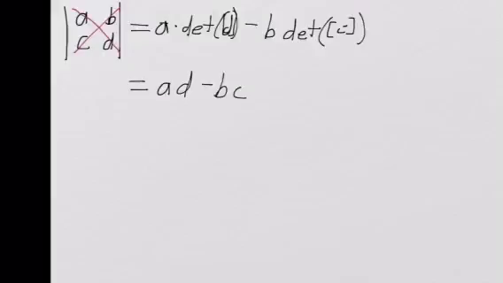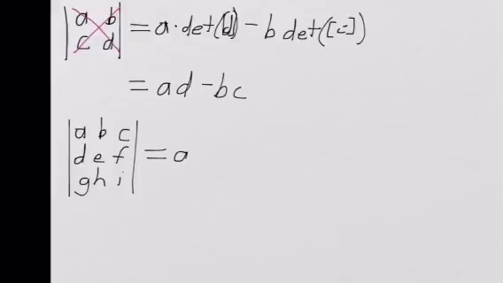Now a 3x3 is where it gets a little bit more interesting, and we're going to use the 2x2 formula that we derived here. So, I'll take the matrix A, B, C, D, E, F, G, H, I, and we're going to apply the formal definition here.